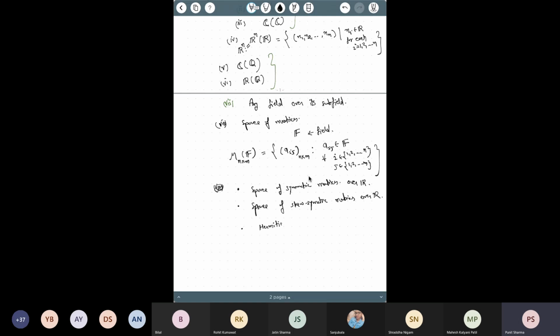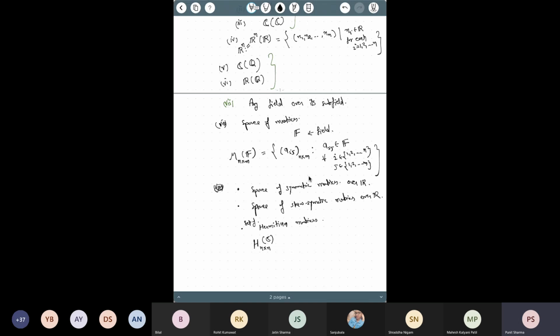When you say Hermitian, what do you mean by that? A equals the conjugate of A transpose. So let me write this. The entries are coming from C.